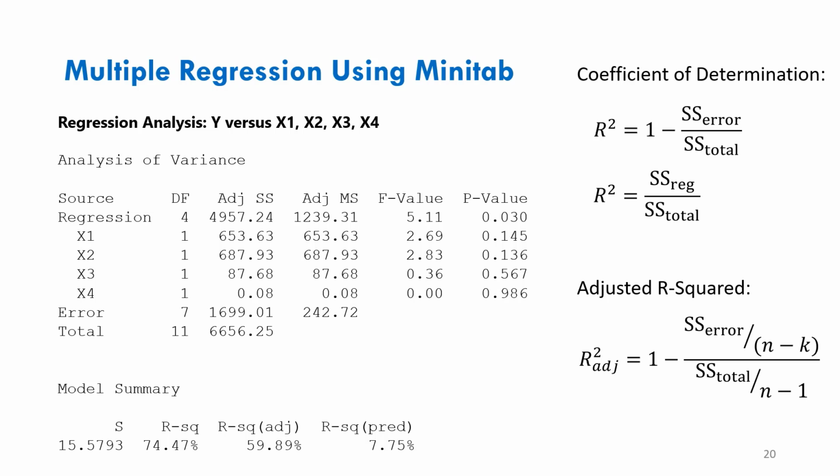There is also an adjusted R squared. Adjusted R squared deals with additional independent variables k rather than total observations n. The adjusted R square always has a lower value. When k equals 1, adjusted R square equals R square.